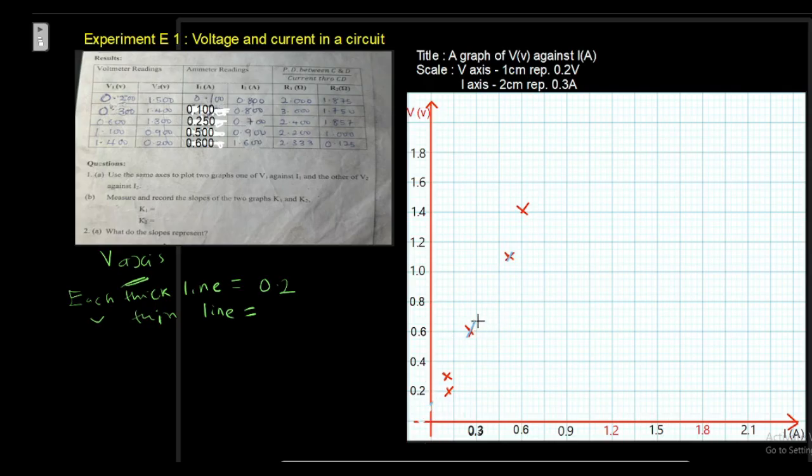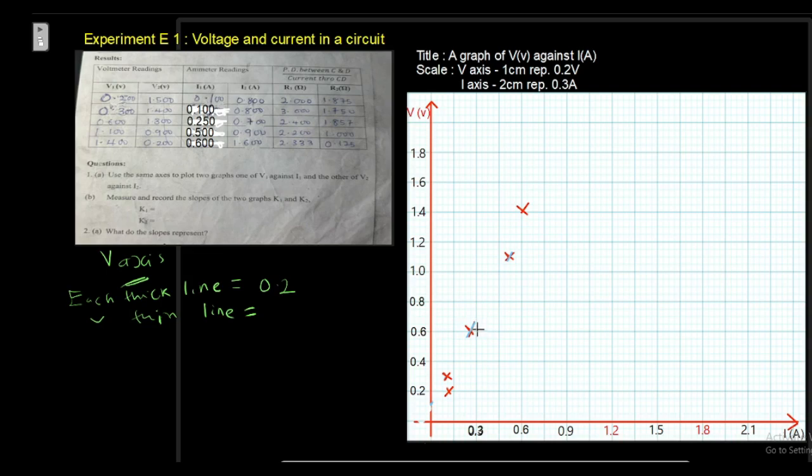Let's count it. Towards the vertical here, we have 1, 2, 3, and 4. So because of that, we divide by 4 to get the value of each thin line inside the big box. On your normal graph paper, you may have 5 small boxes. So in that case, you divide by 5 and not 4.